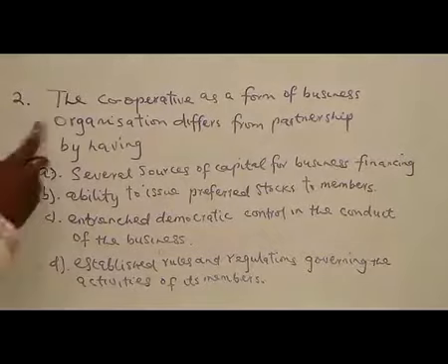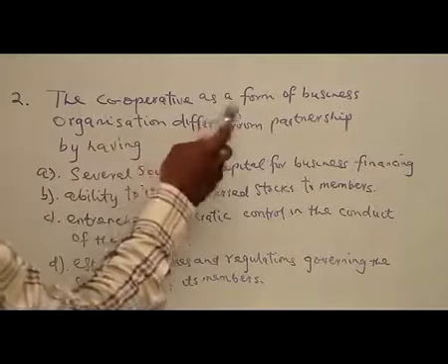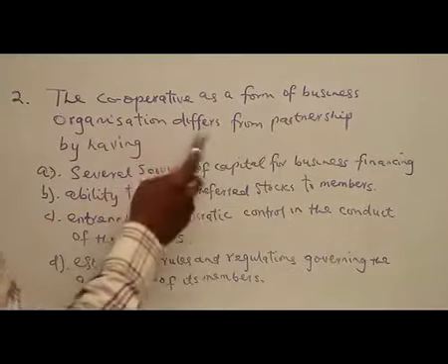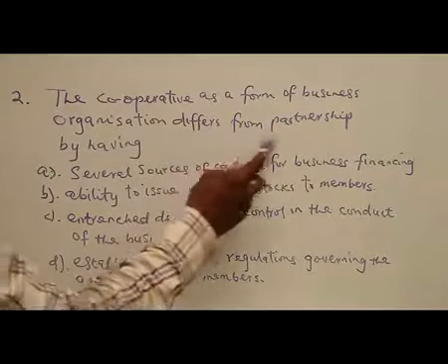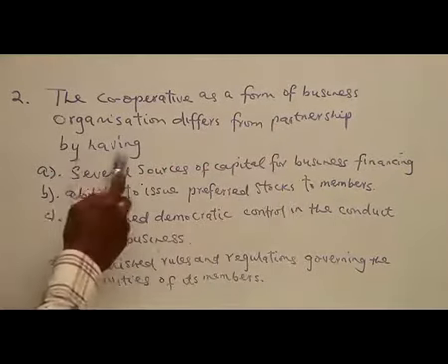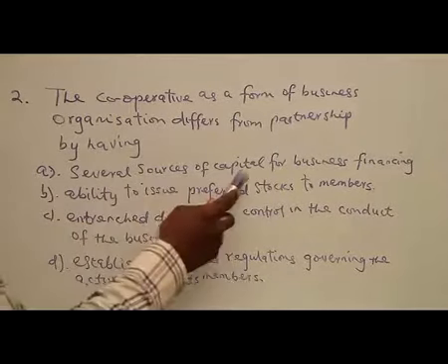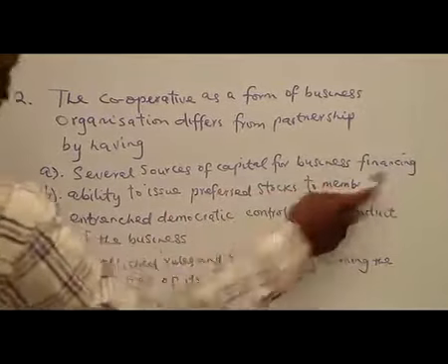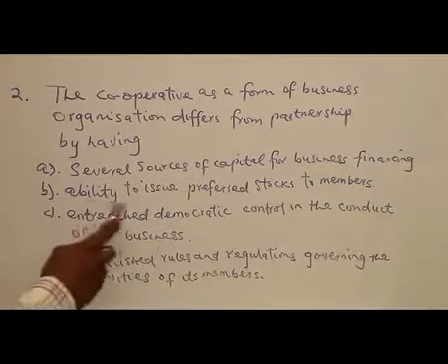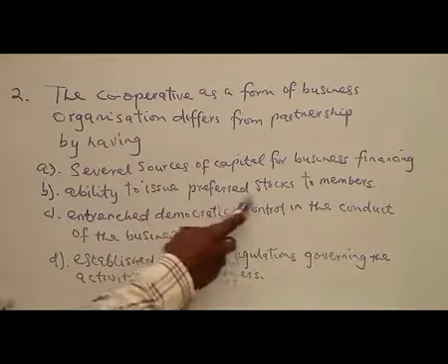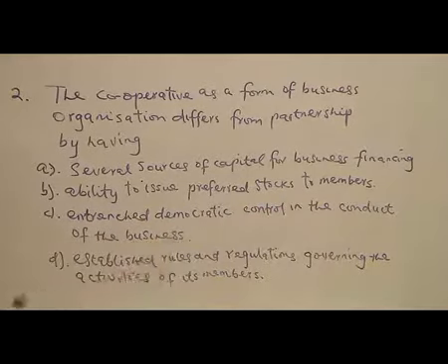Question 2. The cooperative as a form of business organization differs from partnership by having A, several sources of capital for the business financing. B, ability to issue preferred stocks to members.